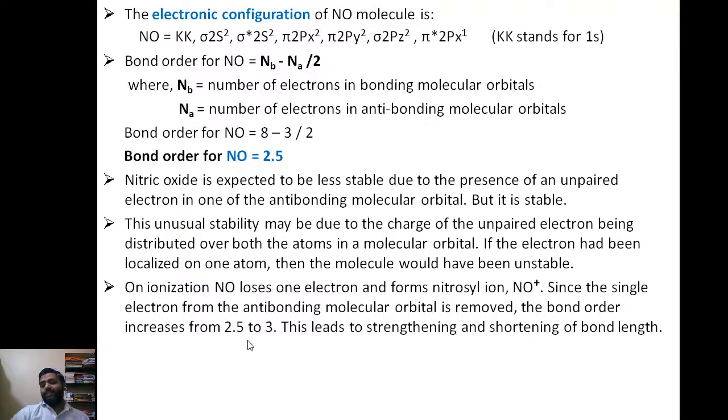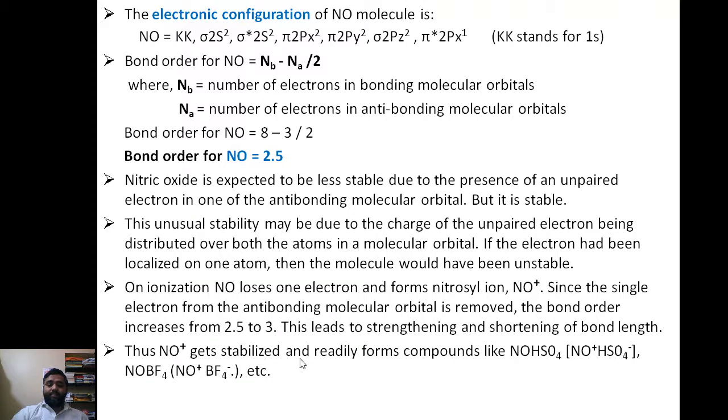As bond order increases, bond strength increases. This leads to strengthening and shortening of the bond length. Bond order is directly proportional to bond strength and inversely proportional to bond length.